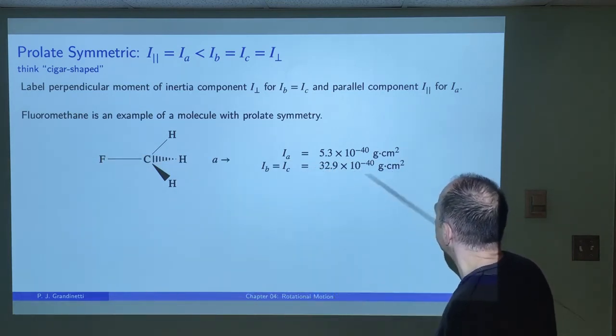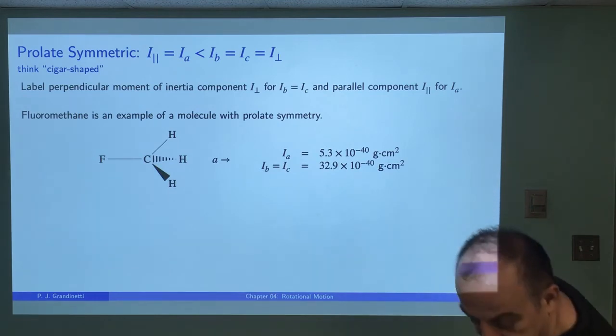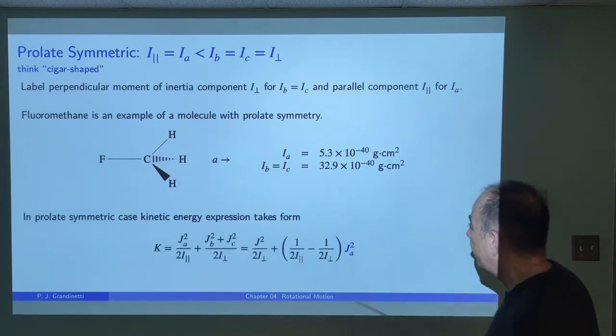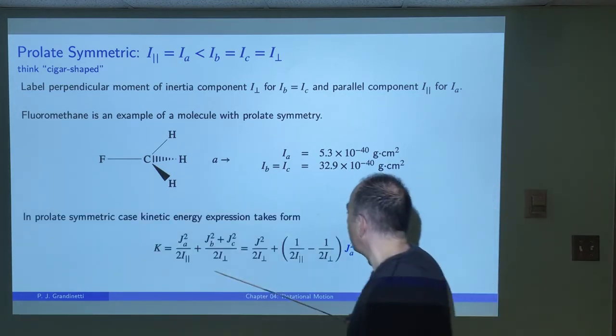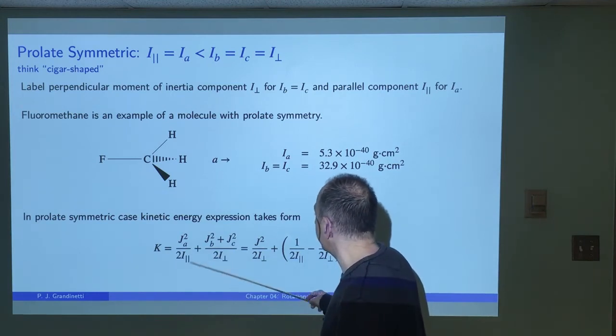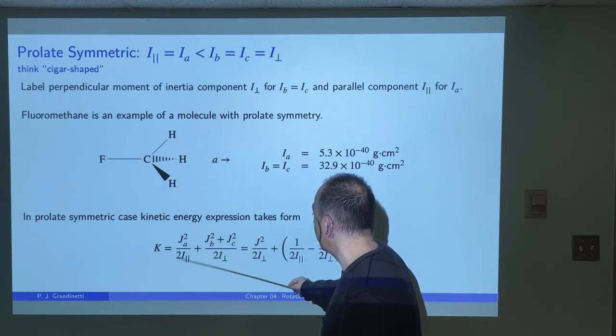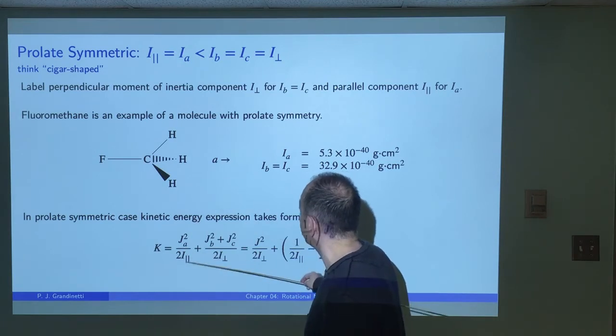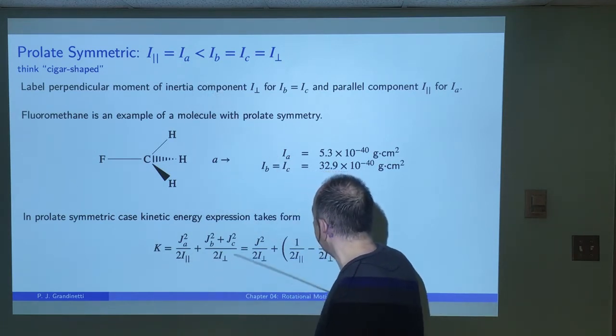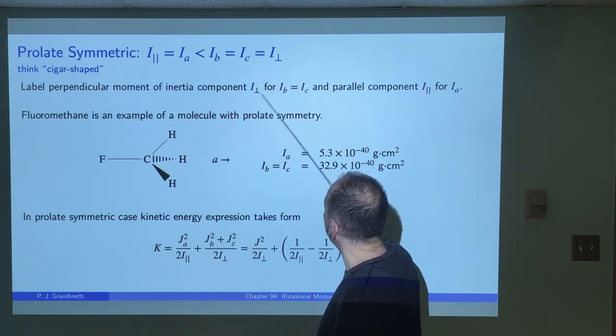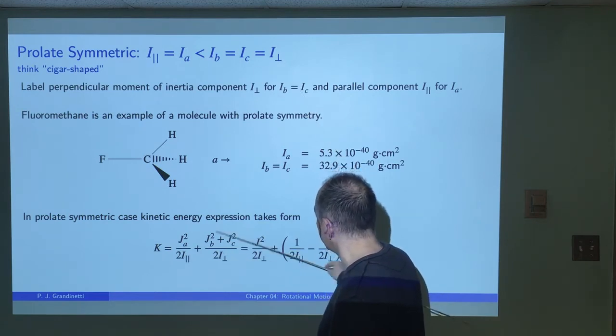And here are the values that you would calculate using typical bond lengths for this molecule. Looking at the kinetic energy, we would write down now that JA is over 2I parallel, which would have been IA. And then for JB and JC, now they're over the common I perpendicular, which we'll write here.